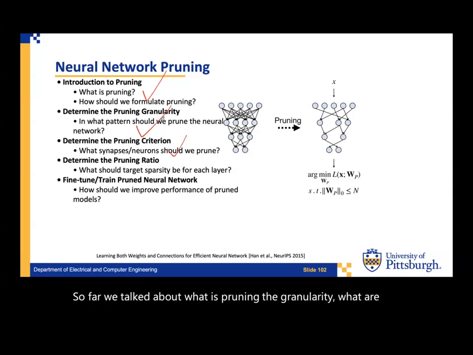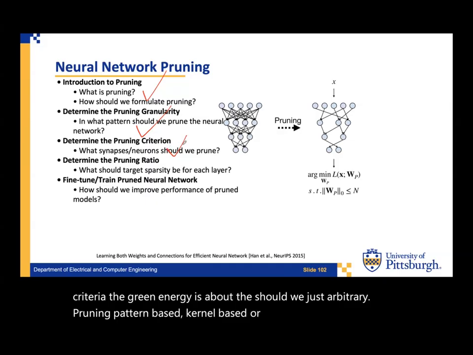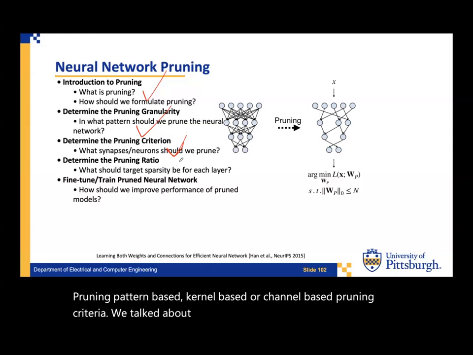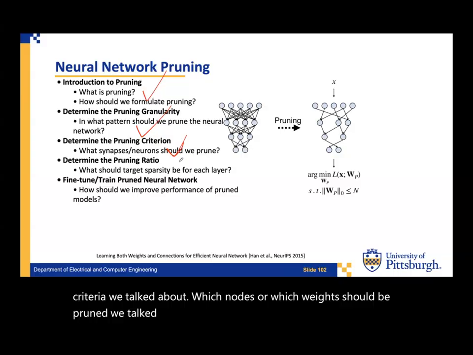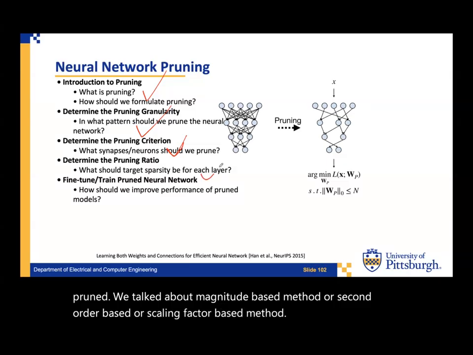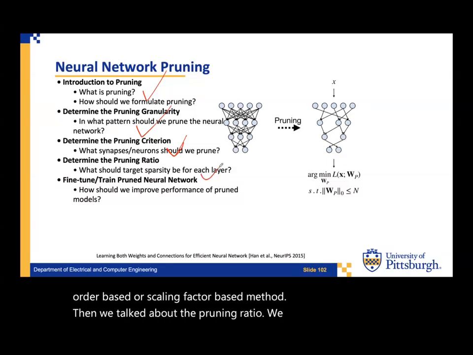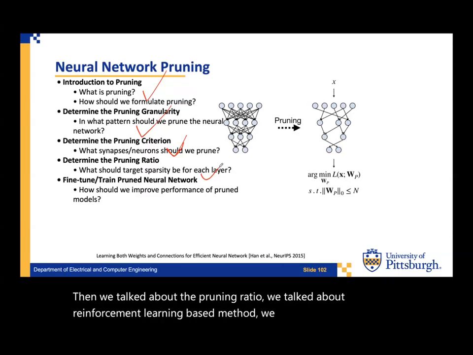Granularity is about whether we should use arbitrary pattern-based, kernel-based, or channel-based pruning. For pruning criteria, we talked about which nodes or weights should be pruned: magnitude-based, second-order-based, or scaling-factor-based methods. Then we talked about the pruning ratio, the reinforcement learning based method, and this NetAdapt.